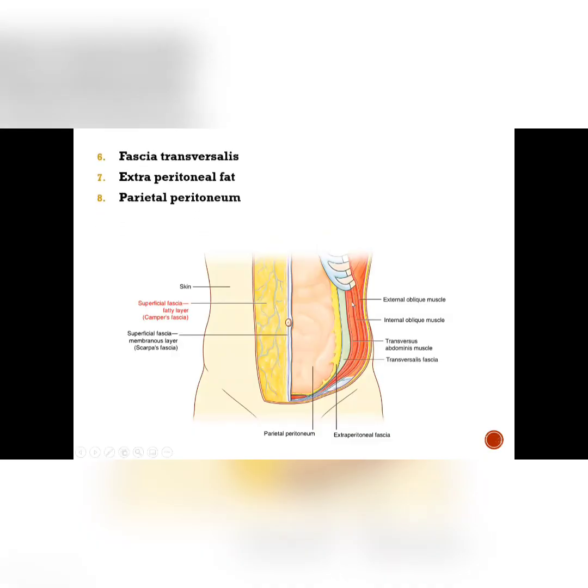After the layer of 3 muscles comes another layer of fascia, which is called fascia transversalis, deeper to which is a layer of fat called the extraperitoneal fat. And finally, as a protective layer for all the abdominal viscera, there is the parietal peritoneum.